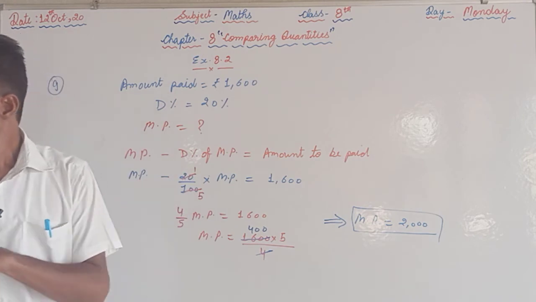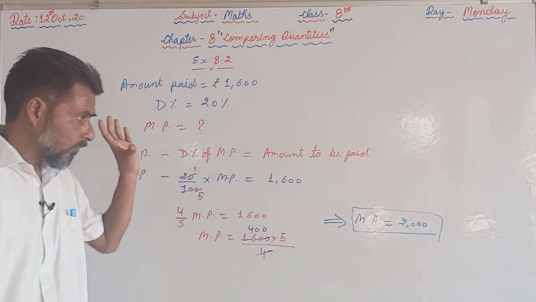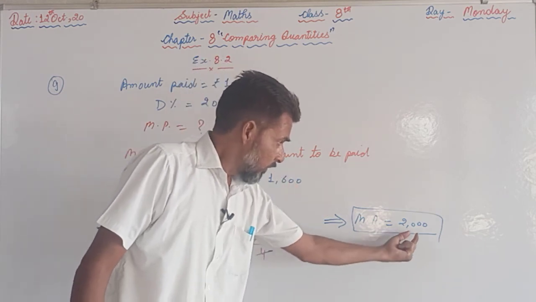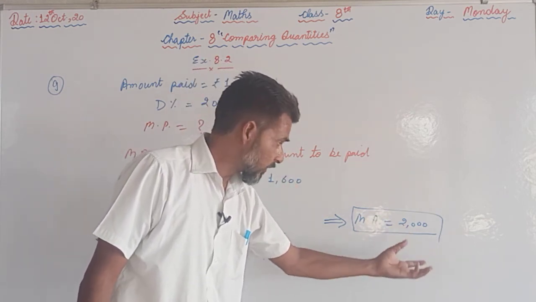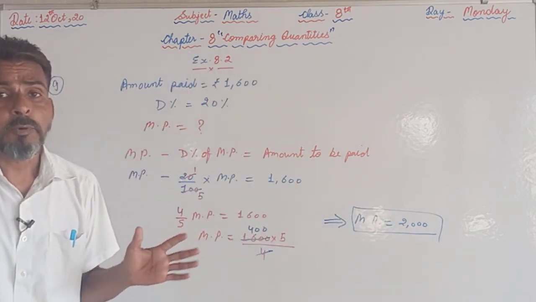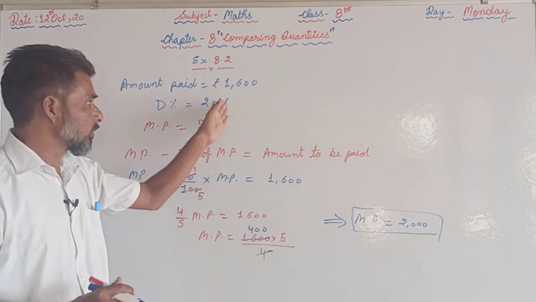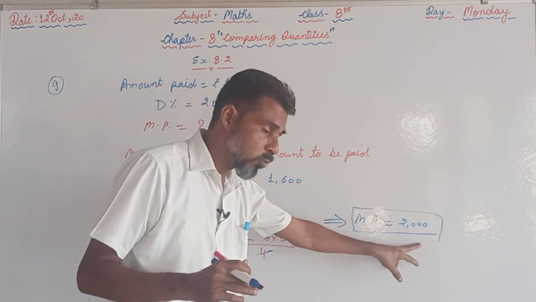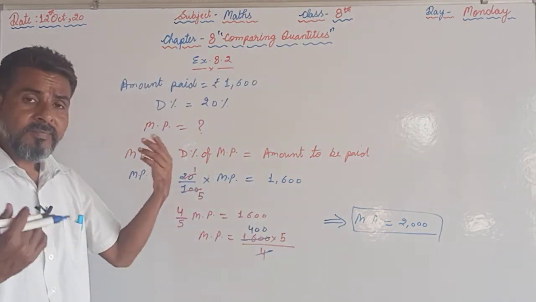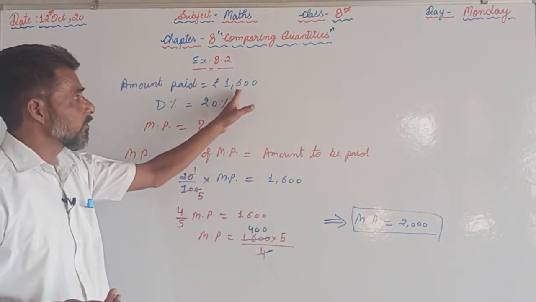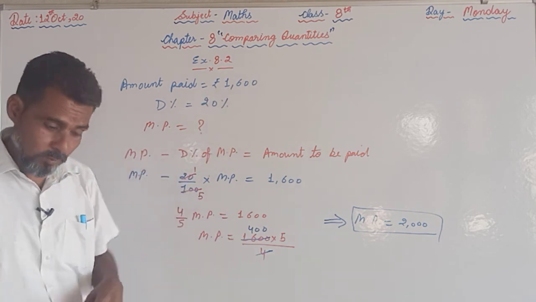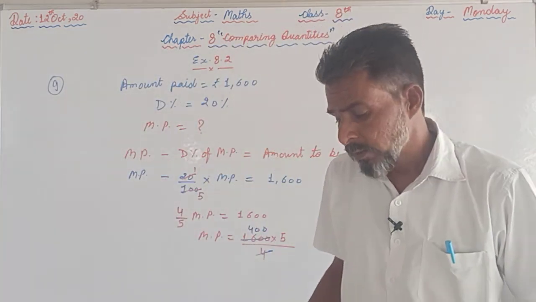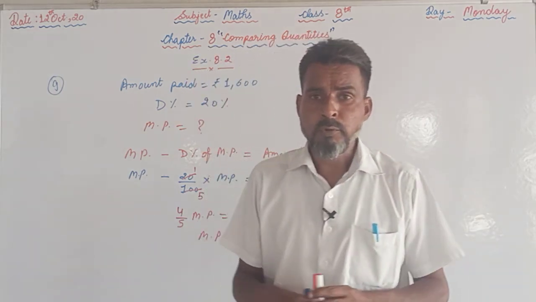Arun bought the skates on which the tag price was 2,000, but the shopkeeper provided a 20% discount, so afterwards Arun has to pay only 1,600, means he got a discount of 400 rupees on the skates. So like this we are supposed to proceed with the questions.